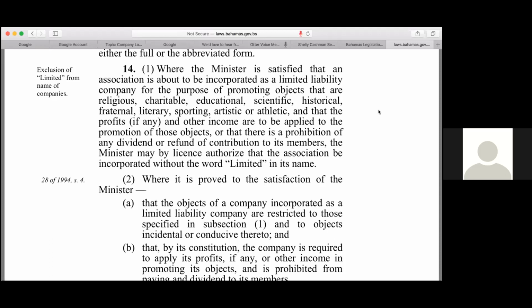I want us to turn now to what happens before the company is incorporated. Let's say you are a promoter.